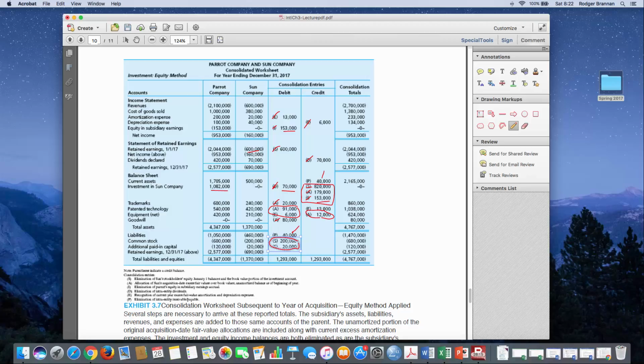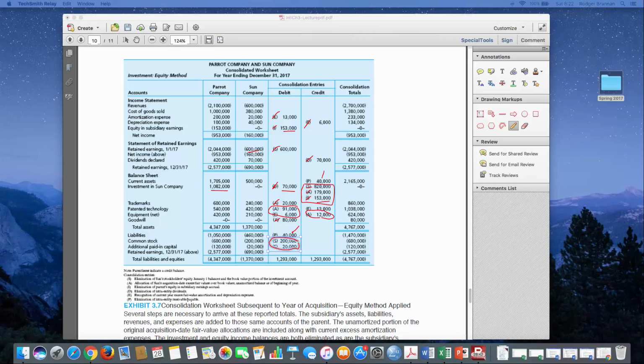So on the part of parent, it has a liability that you're going to debit, and of course, making the credit entry against parent to eliminate its receivable, making the debit entry here against the Sun to eliminate the payable. So the intercompany transactions are eliminated.